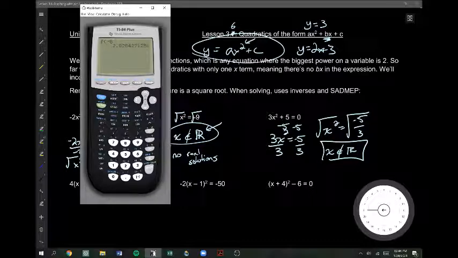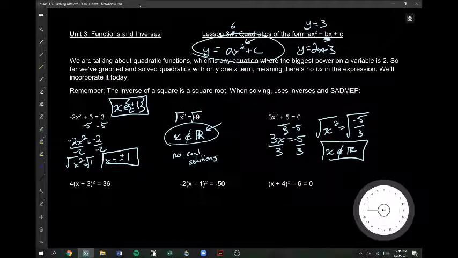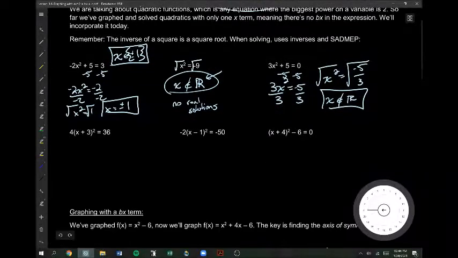Oh, actually, it says this i at the end. See that i right there? So really what I should do is change this to be set to real. And now when I do this, it says error, non-real answer. So if you see some error like that, that means you're trying to square root a negative number, and it's not going to work.